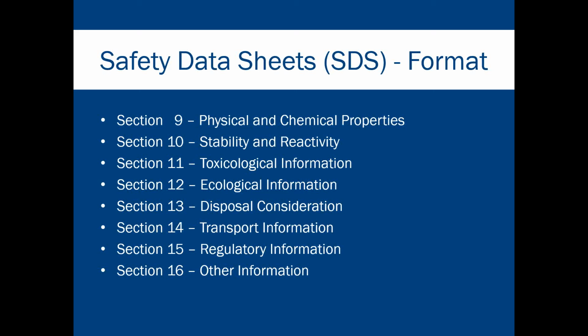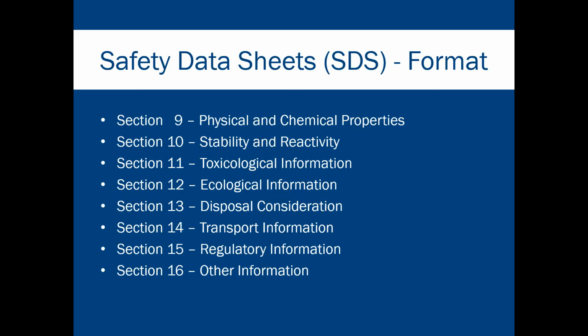And this is going to be some of the other rules and regulations that could apply to that chemical based on its chemical breakdown. Section 16, other information. This is basically who prepared the MSDS and what revision it is, or when the last revision occurred to it.